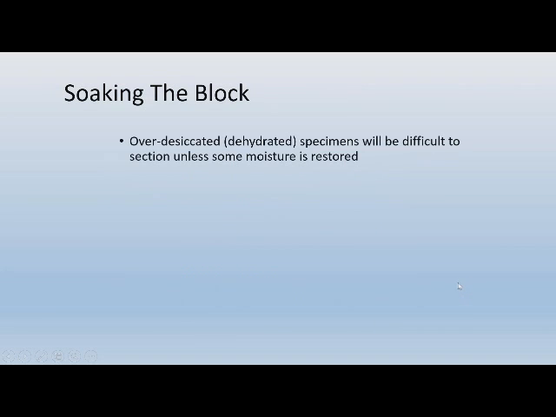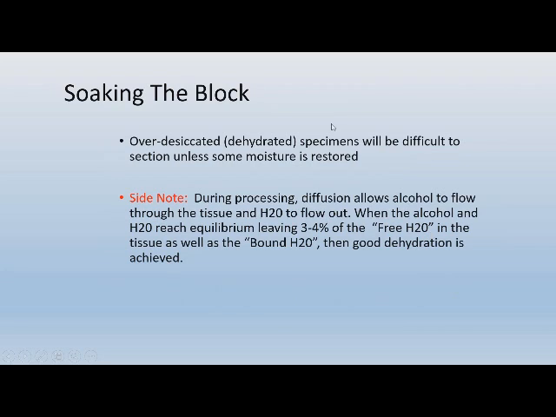Soaking the block. How many people out there, raise your hand if you soak the block? Well, soaking a block simply means that you have over-dehydrated. You've taken out too much moisture. And if I might just plug in a little side note here, during processing, diffusion allows alcohol to pass in and water to pass out.